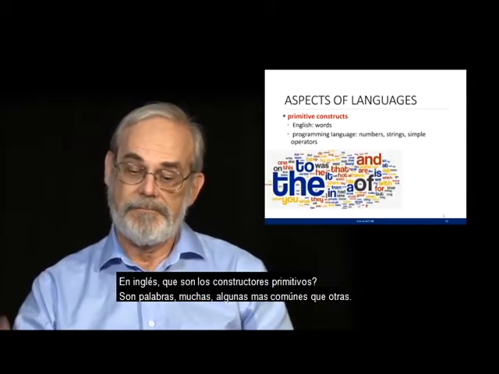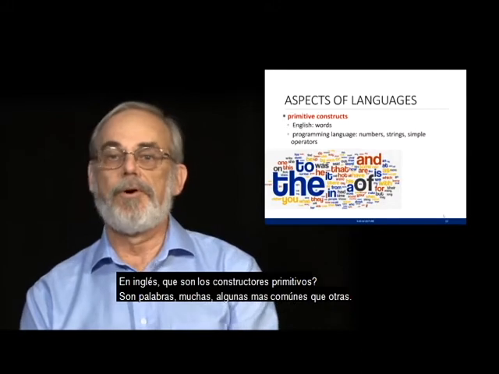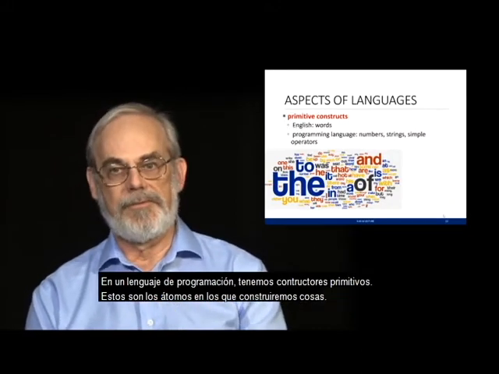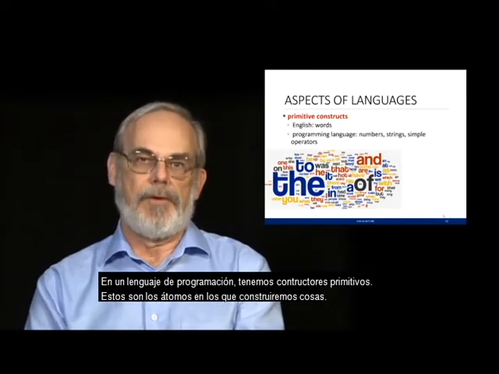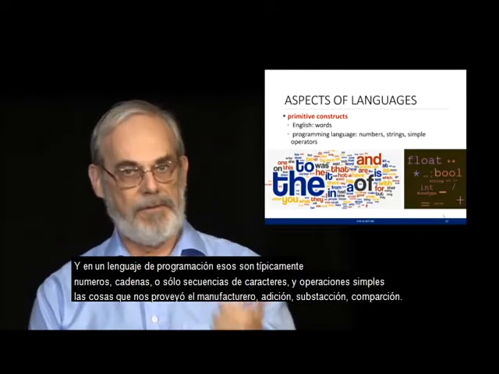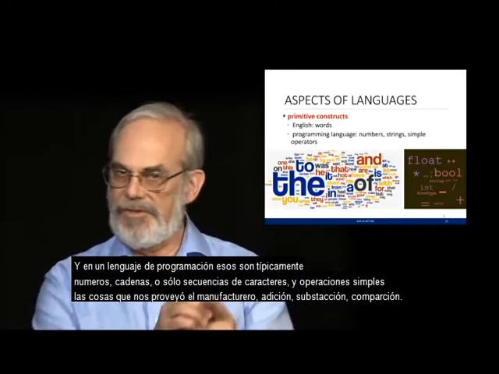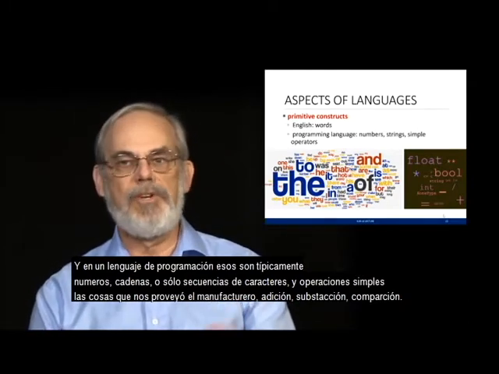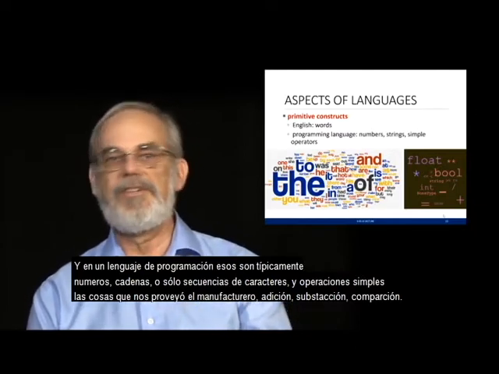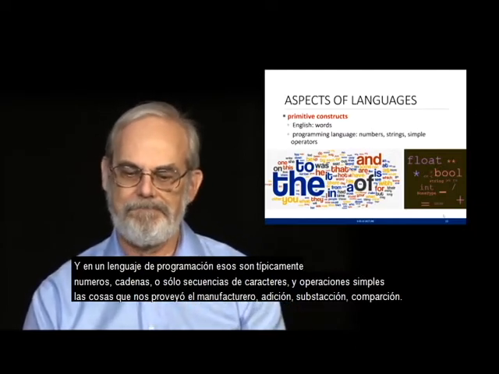They're words, lots of them, some of them more common than others. In a programming language, we also have primitive constructs. These are the atoms on which we're going to build things. Those are typically numbers, strings, or just sequences of characters, and simple operations, the things that were provided to us by the manufacturer: addition, subtraction, comparison.